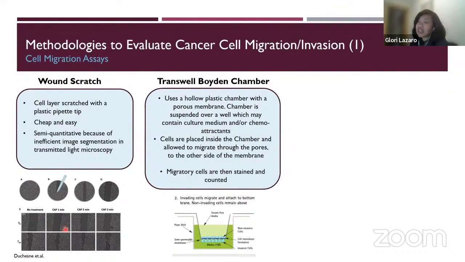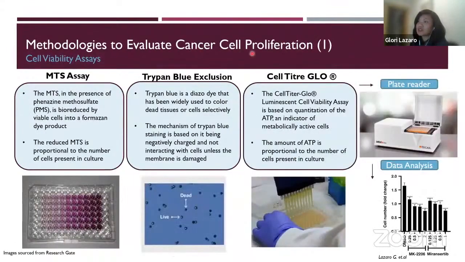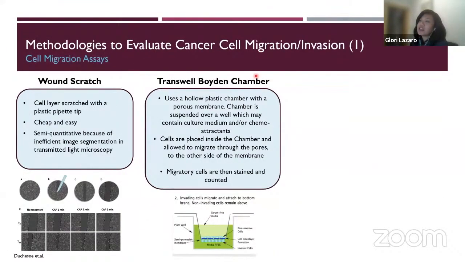The next, I think, so we talked about how to detect cancer proliferation. The next thing is how we study cancer cell migration or invasion. This is what I mentioned earlier when cells acquire these legs and feet to move out and metastasize into distant organs. And so one method is what we call the wound scratch assay. So you have these monolayer, so single layer of cells in a Petri dish.